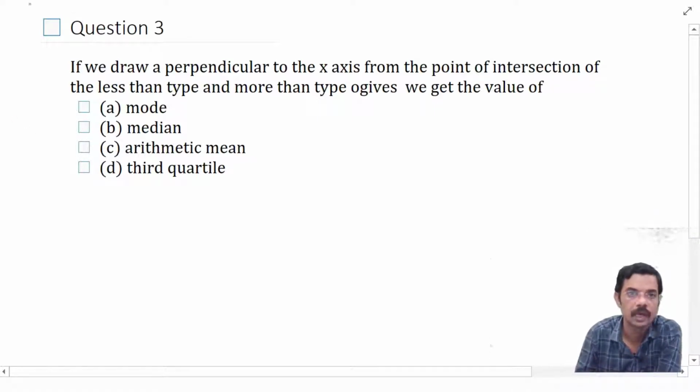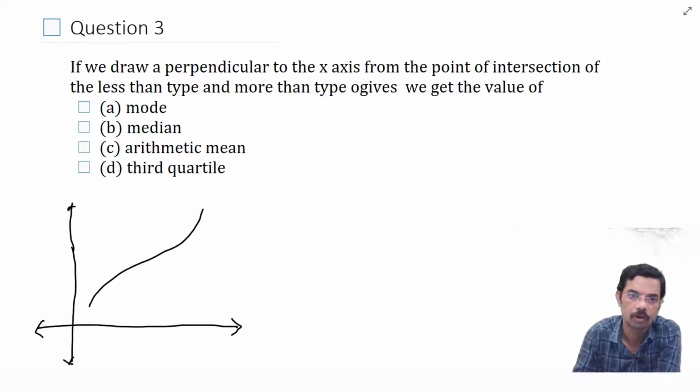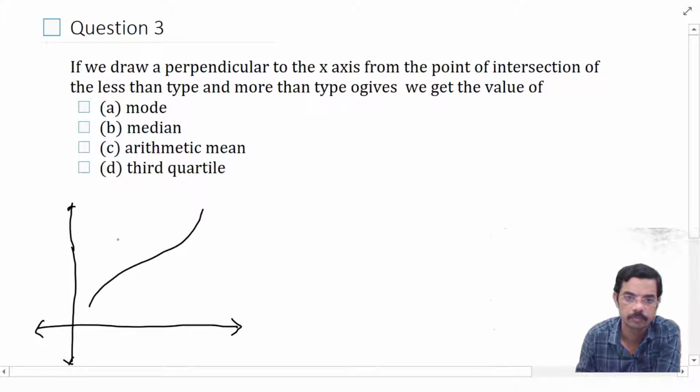So what we have? We have the x-axis and the y-axis. Okay, let us consider this as the x-axis, and this as the y-axis. Now the less than type cumulative frequency curve will be of this type, and the more than type cumulative frequency curve will be of this type.